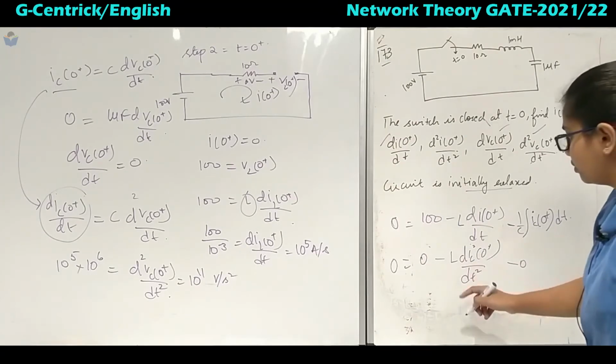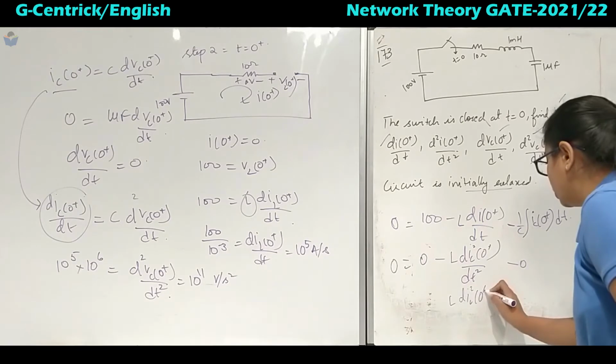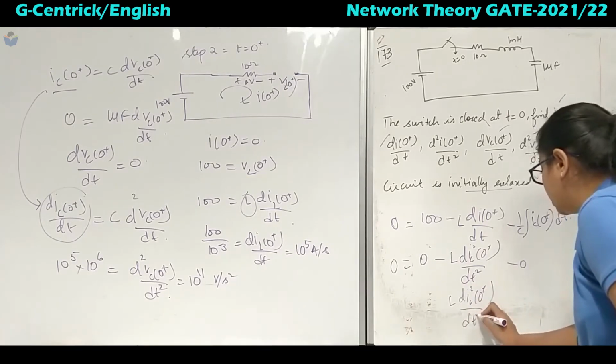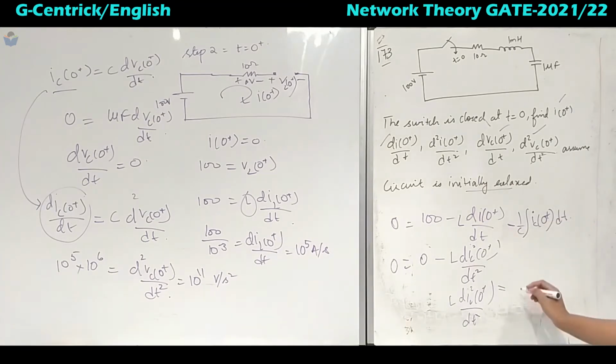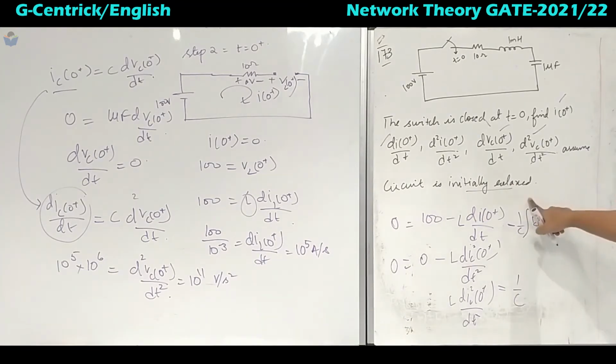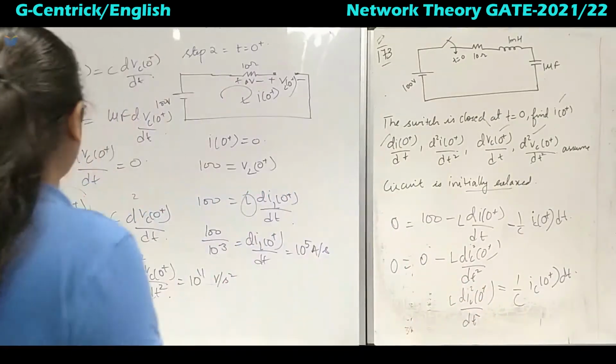So now we have L d square iL of 0 plus by dt square, which will be equal to, if we take that term to this side, the differentiation and integration get cancelled, so it will be 1 by C times IC of 0 plus.